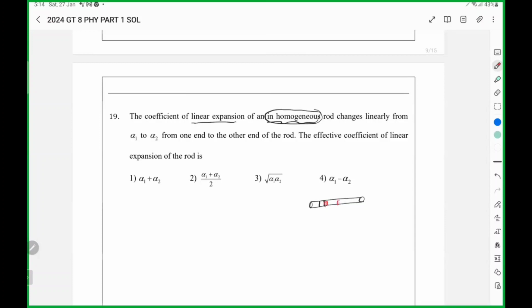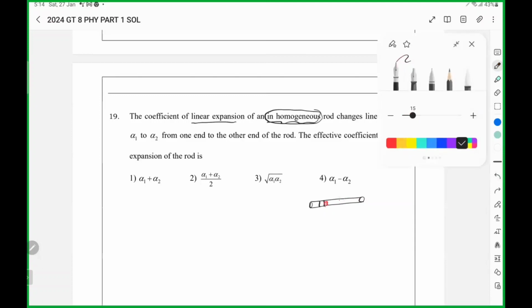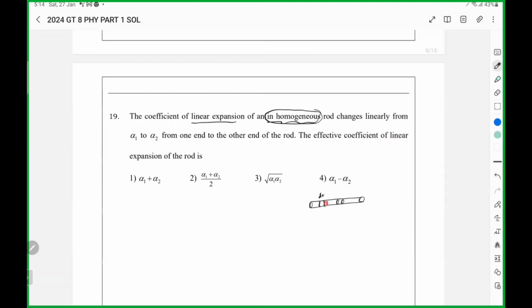If you take another strip here of the same dx length, but the change will be different. The earlier change is only this much, now the change is different. So it is an inhomogeneous rod.